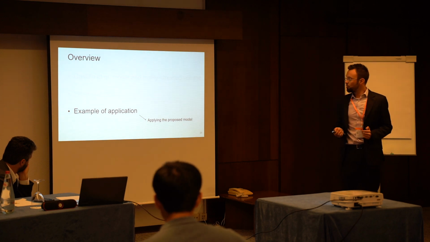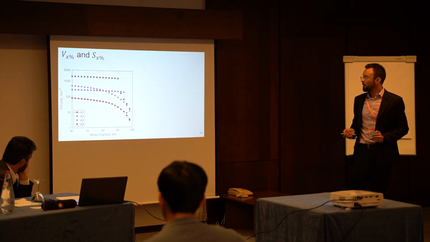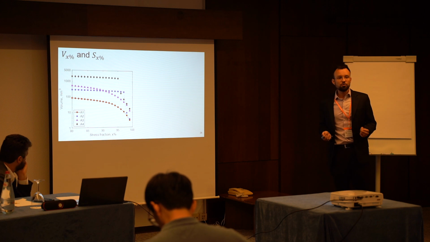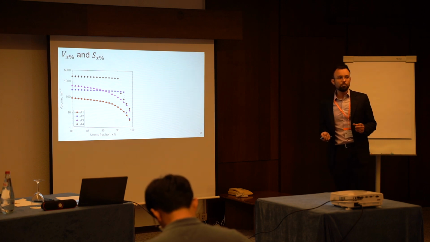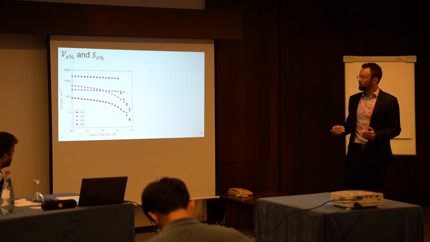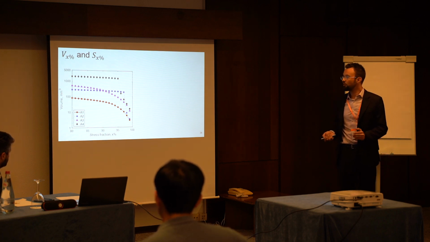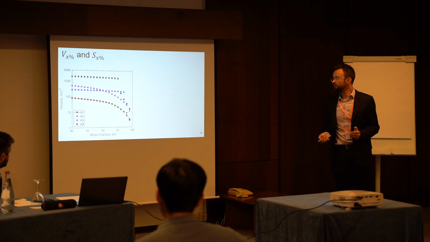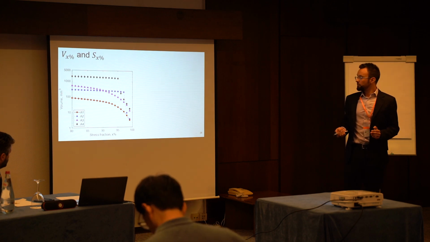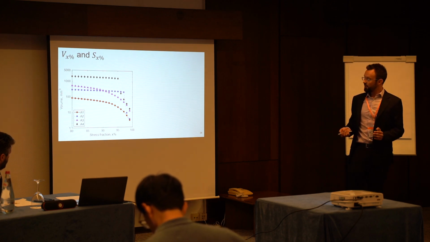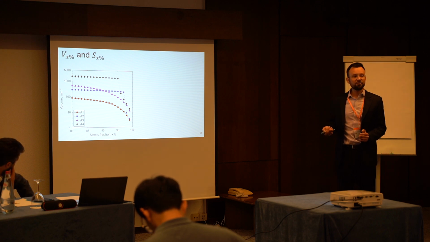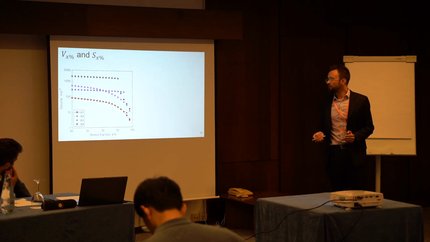Applying our proposed model. To apply our proposed model, we first compute the volume. Here we can see the volume varying with the stress fraction from A1 to A4 series. They smoothly decrease, except after 95% for A2 and A4.